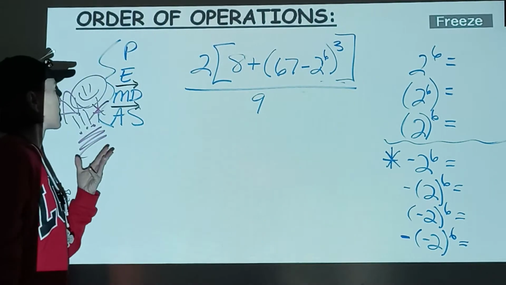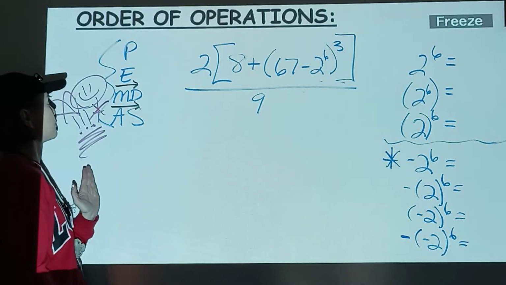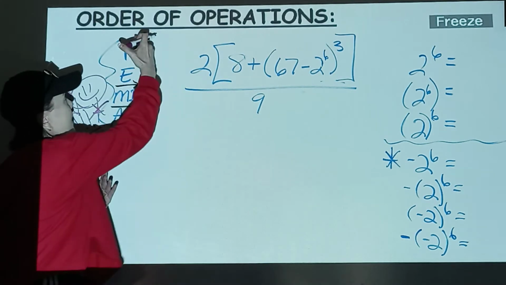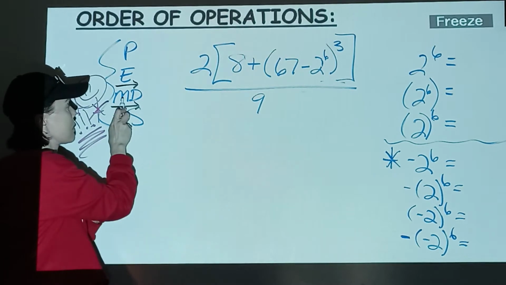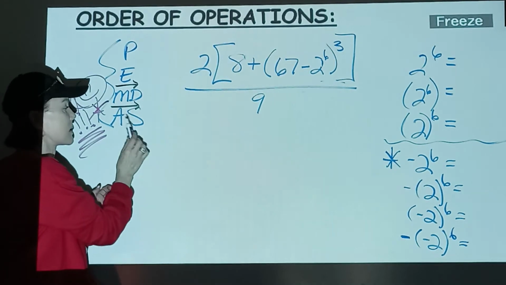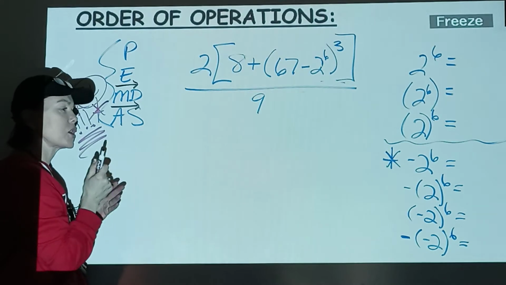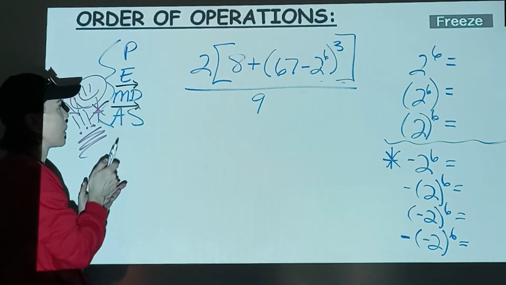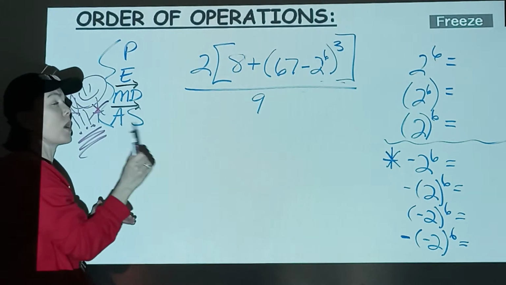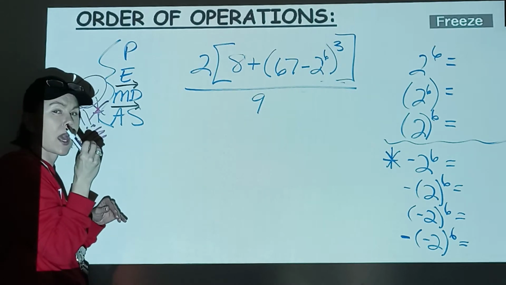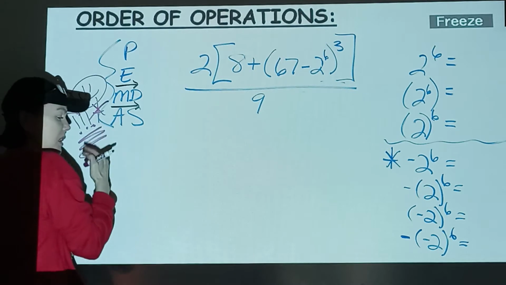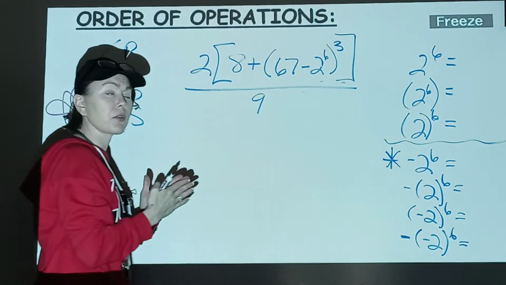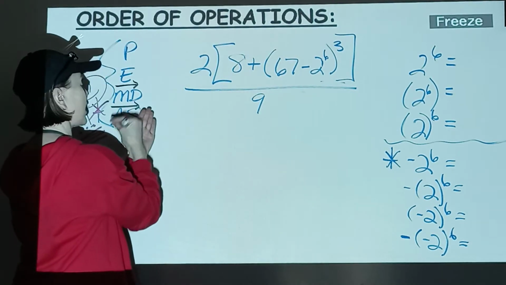Why? Because when you get from parentheses to exponents and you come down to the multiply and divide and the add and subtract section, what you need to know is that when you get to multiply and divide, you have to do whatever comes first, multiply or divide, from left to right. We read a book from left to right.